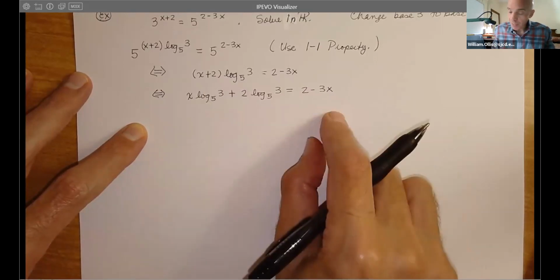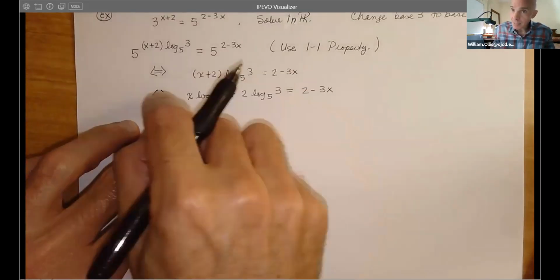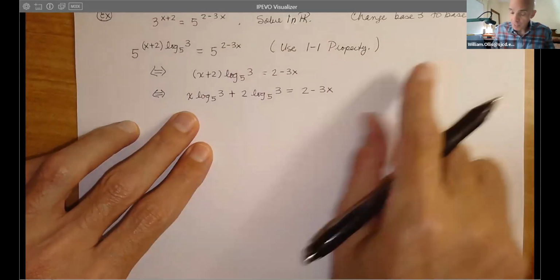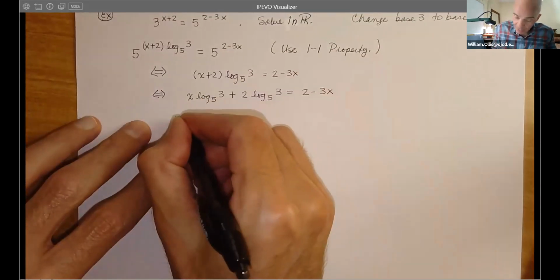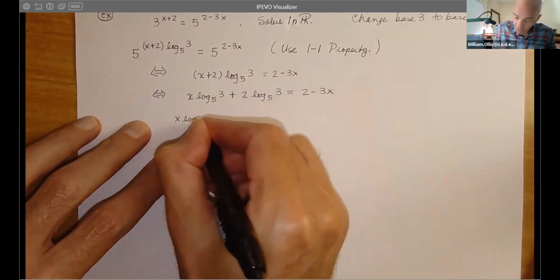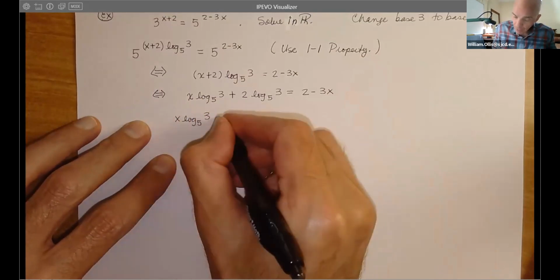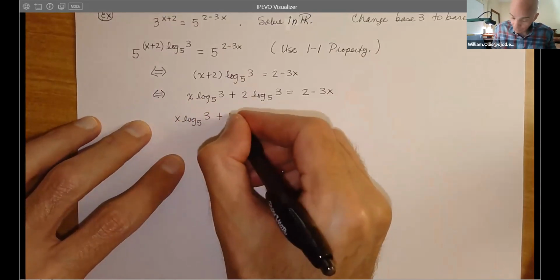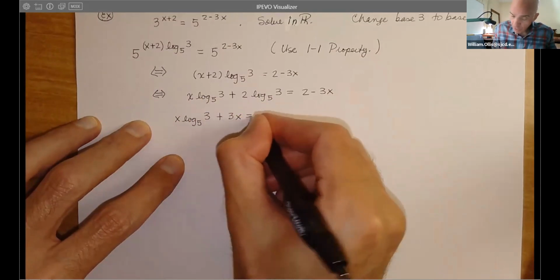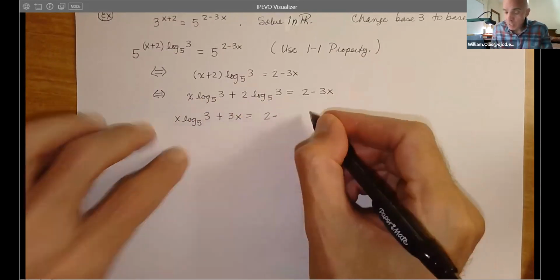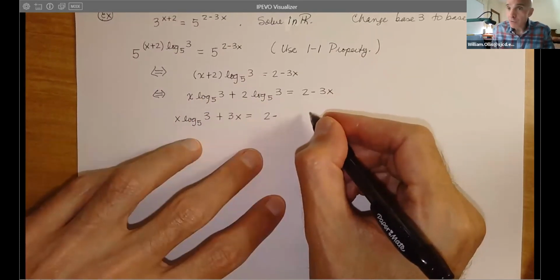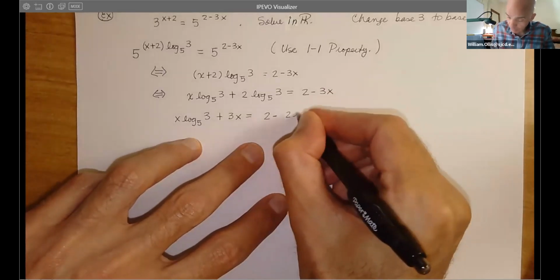So now we're thinking, okay, let's get all the x's together and the non-x's on the other side. So this will be x times the base 5 logarithm of 3 plus 3x equals 2 minus 2 times the base 5 logarithm of 3.